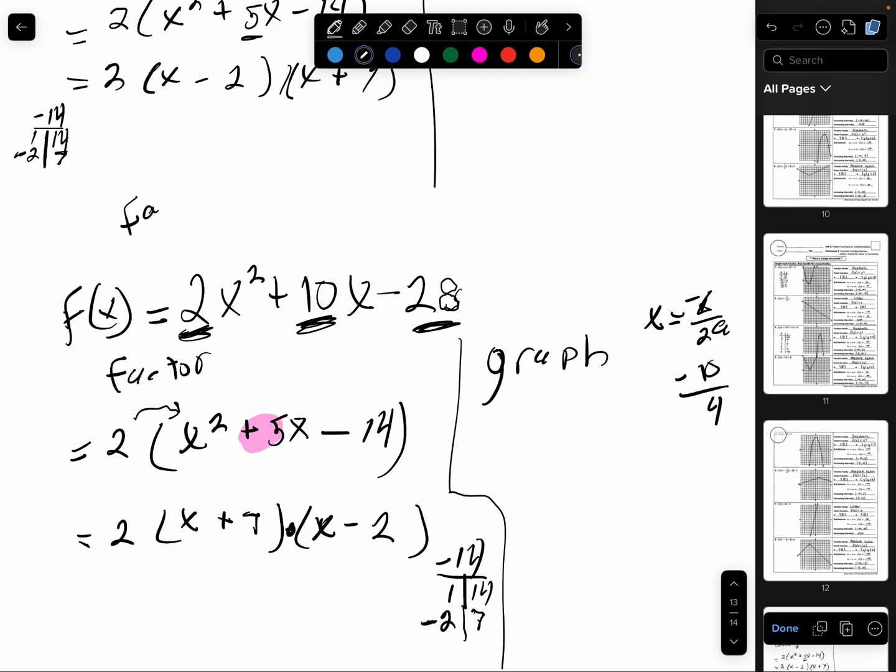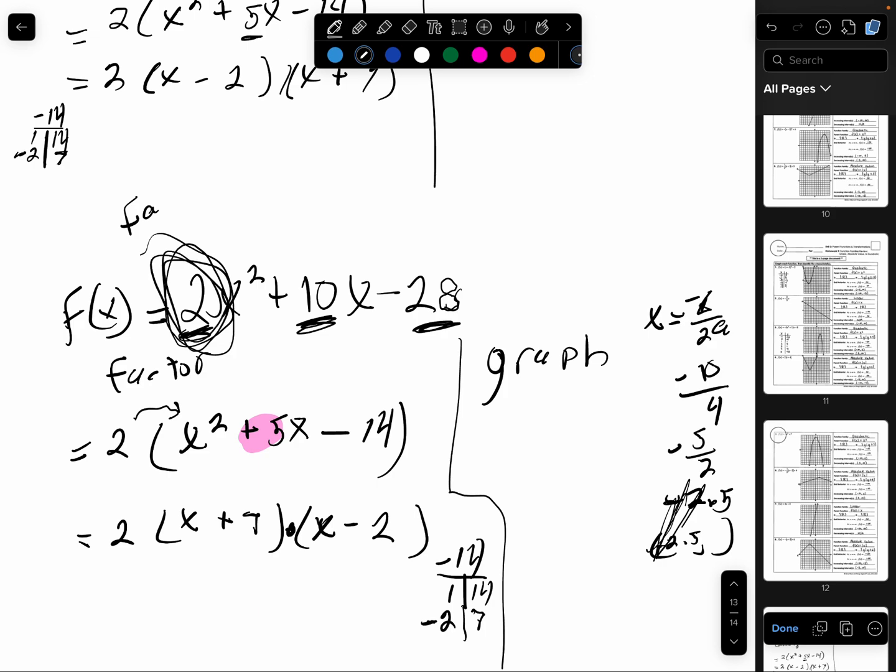So the axis of symmetry on this is negative, well, 5 over 2 is 2.5. Negative 2.5 is where the axis of symmetry would be, and also where the x-coordinate of the vertex would be, right, negative 2.5.